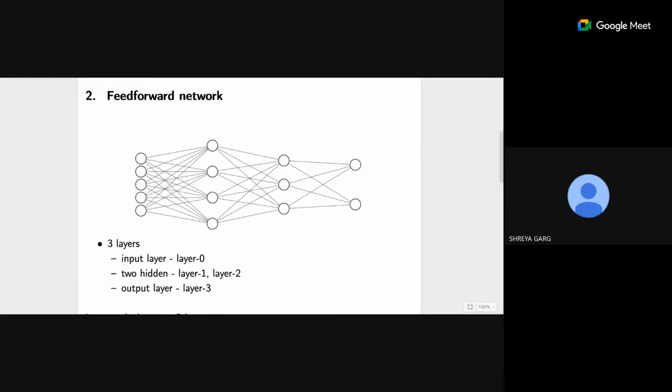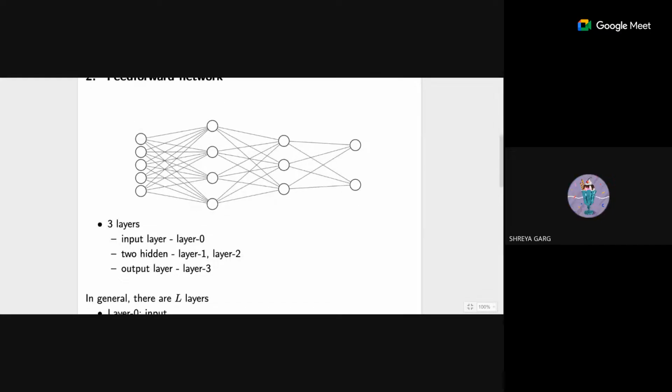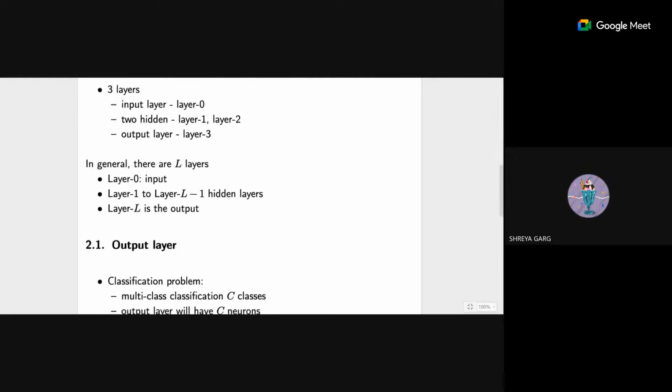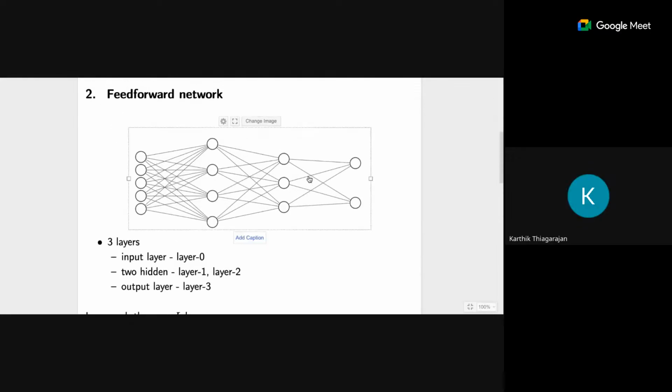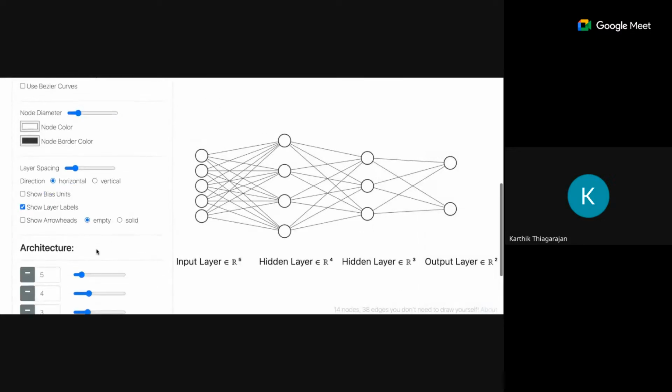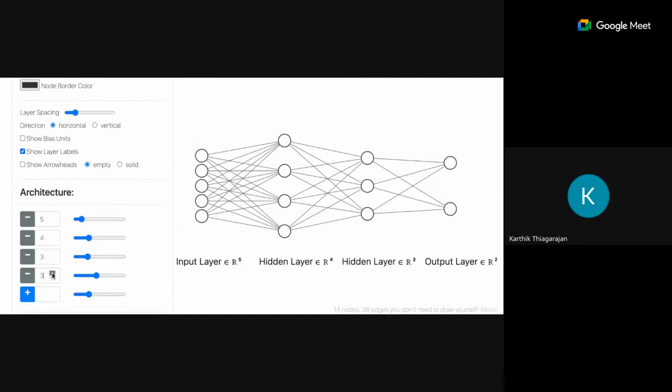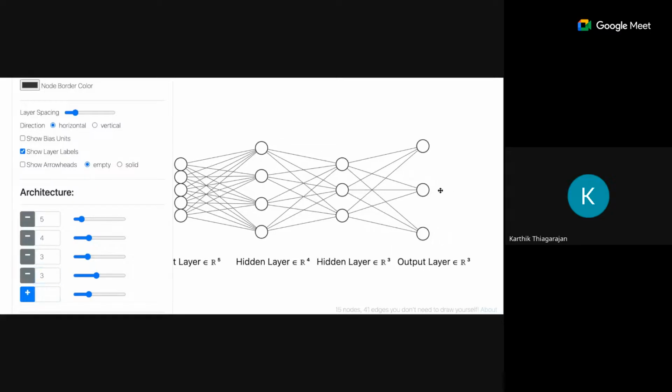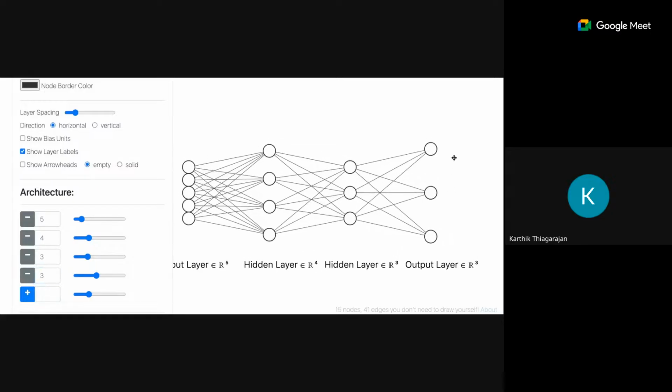Sir, could you please explain the classification part? Here, how many classes are there? 2 classes, right? If there are 2 classes, you will have 2 nodes. If you have, let's say, 3 classes, then you will have 3 nodes. For instance, you are trying to predict if a given text document is spam or not spam.